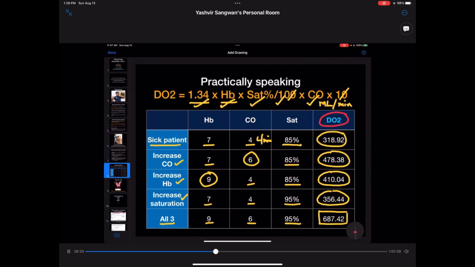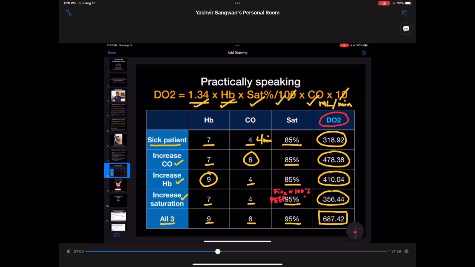So for example, right here, in increasing the saturation from 85 to 95%, you know that saturation can only be increased by increasing the FiO2, which in this case you can't ever go above 100%. That's the limit. And the next thing you can do to increase saturation is increase PEEP.